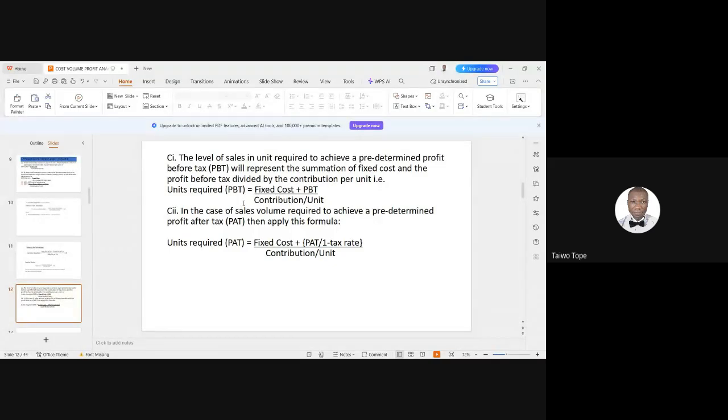Your contribution per unit, where you are trying to determine the target sales in units.